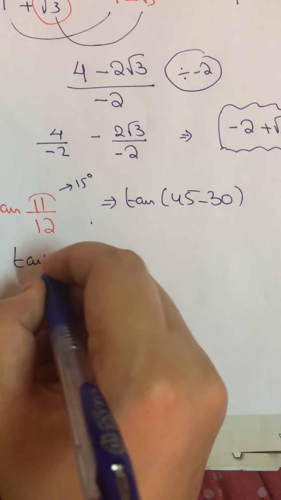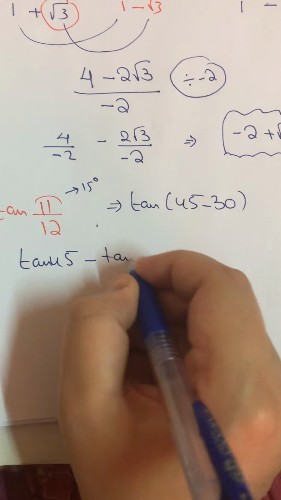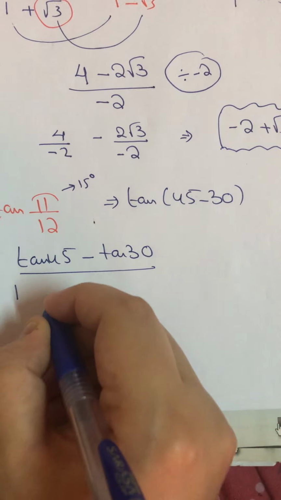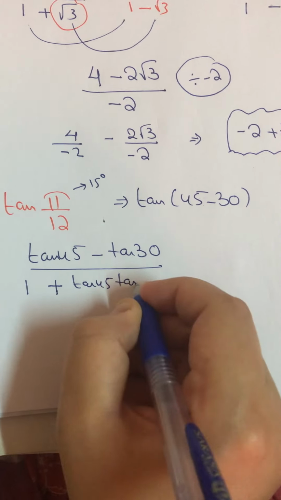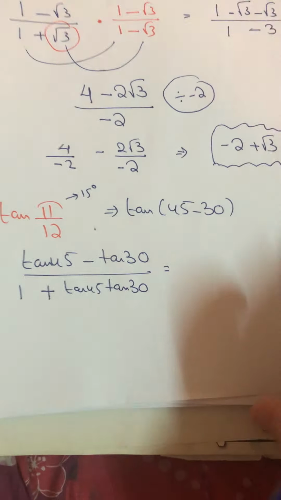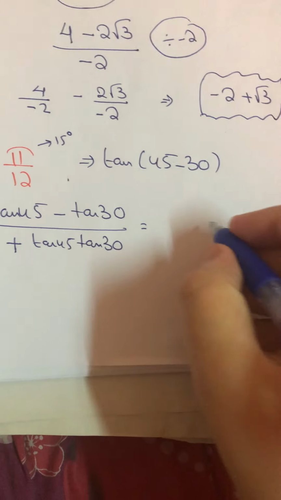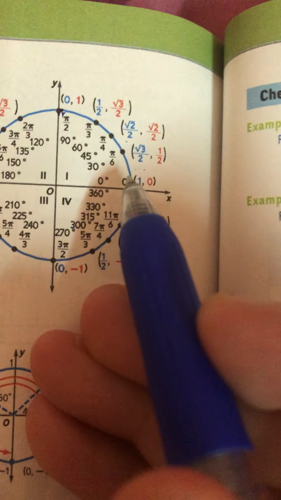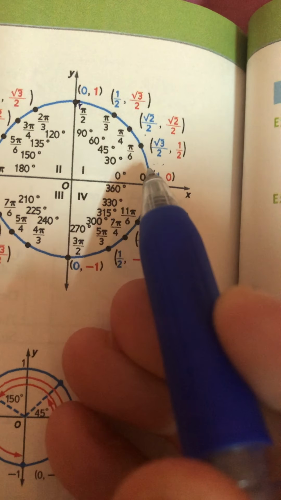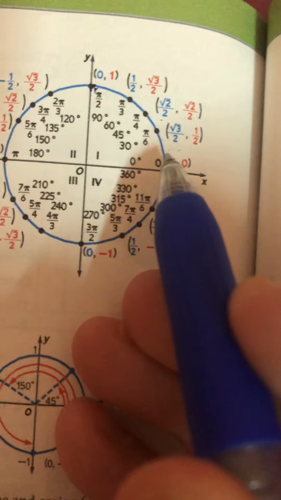Here I will have tan 45 minus tan 30 all over 1 plus tan 45 tan 30 according to the difference identity rule for the tan. Tan 45, as we said, is 1 minus tan at 30 degrees. Again, tan at 30 degrees is half over root of 3 over 2. That will give me root of 3 over 3.